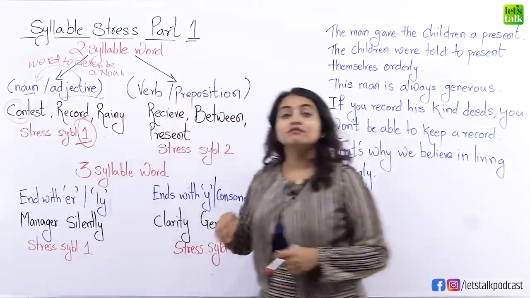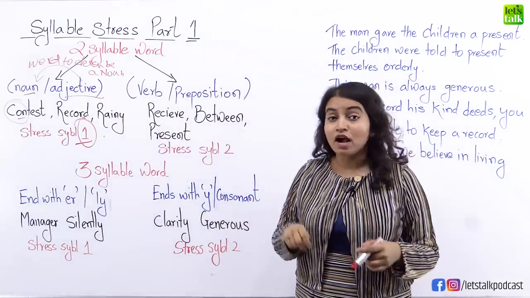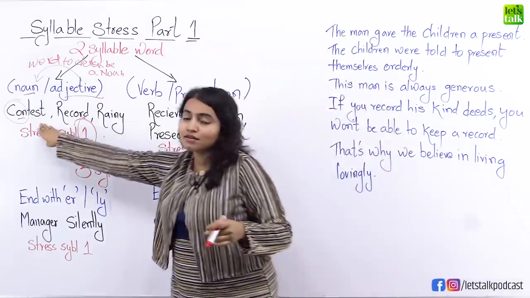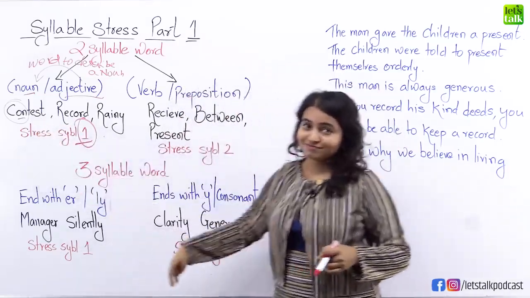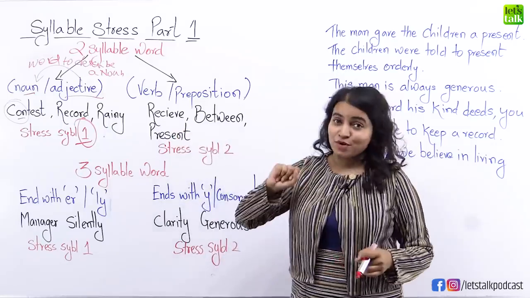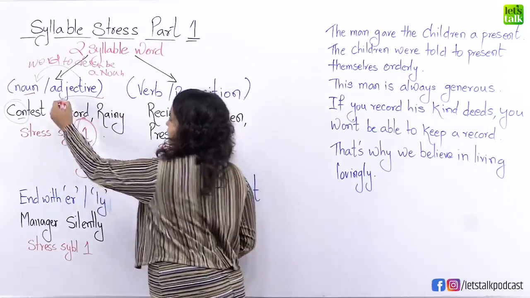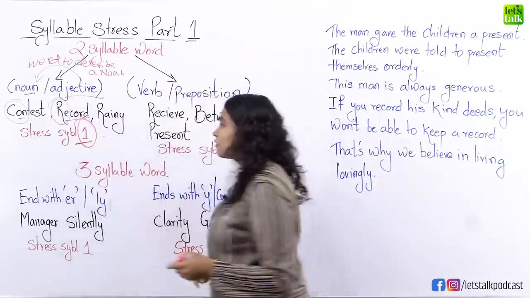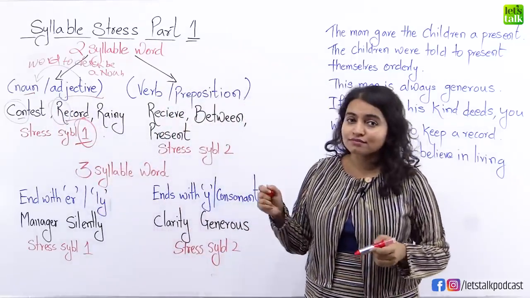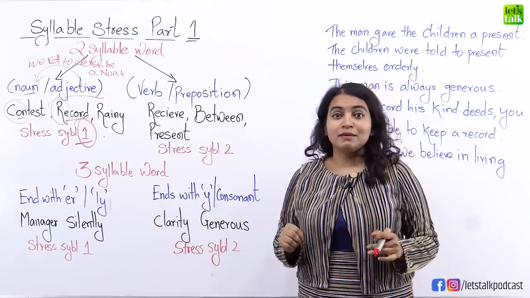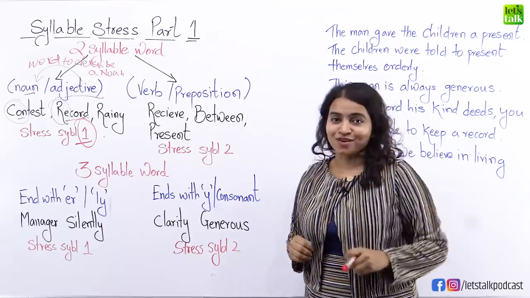So, I will say CONtest. I can't say conTEST if I'm talking about this word in the context of a noun. The next word is record. Not reCORD, but RECord. You need to keep a good record.